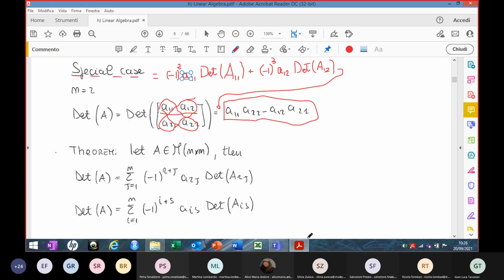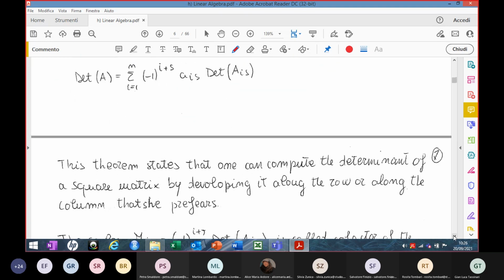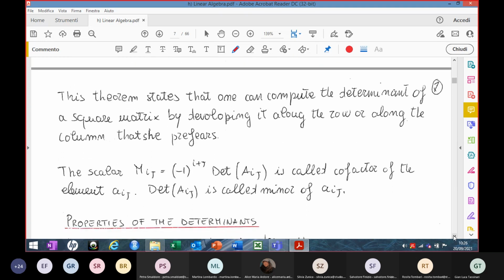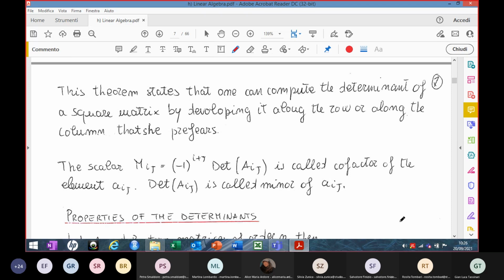Well, as we will see, depending on the specific exercise you have, sometimes it's convenient to compute the determinant along a particular row or according to a particular column, because this will not change the final result, but will simplify the number of computations you have to make. And this is essentially what I told you.